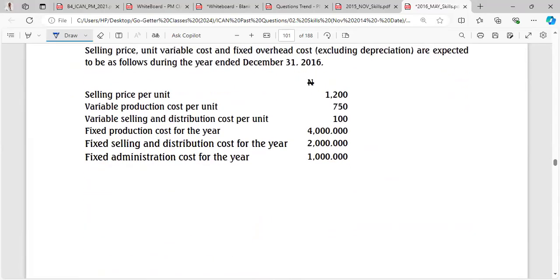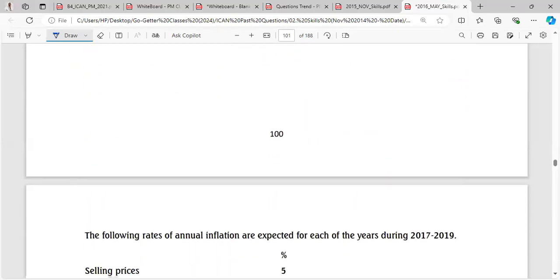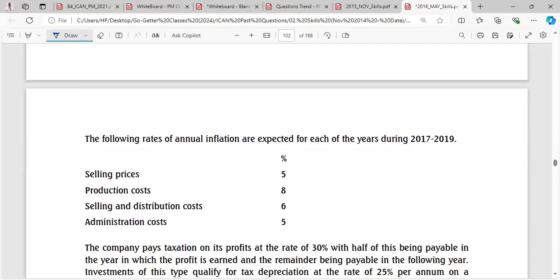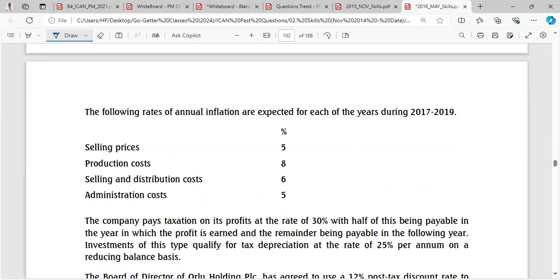Because they didn't tell you anything related to the company's cost of capital, it doesn't mean that you cannot look at NPV or IRR. This is because for NPV, you can choose any figure, any percentage, and work with it and get your NPV.